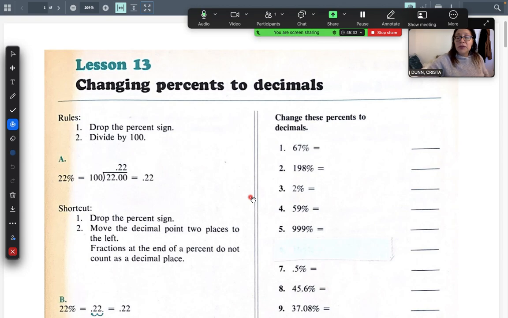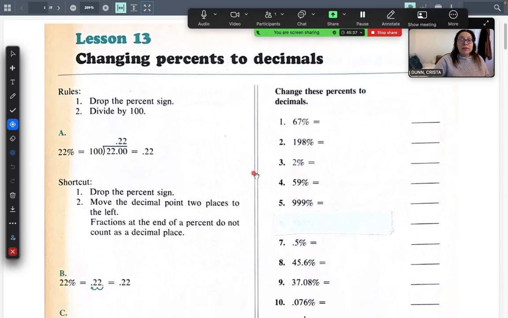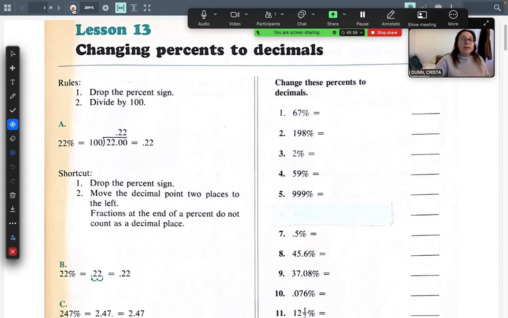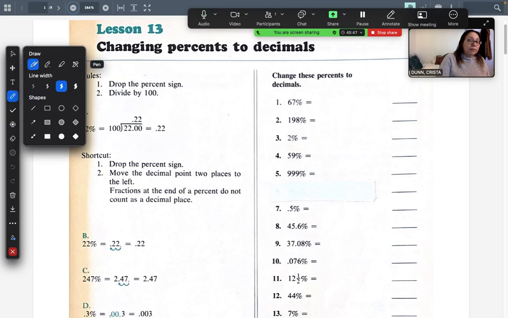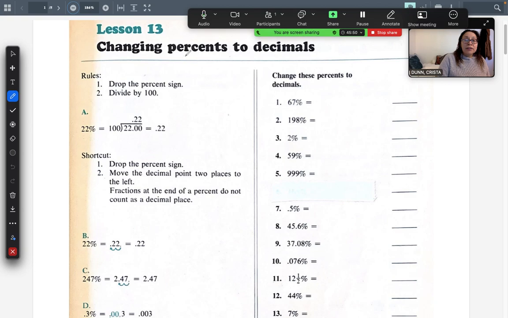I want you to think about here, let me just move this and maybe make it a little smaller. Okay. Percents, of course, is our inflated number, right? It's our inflated number.